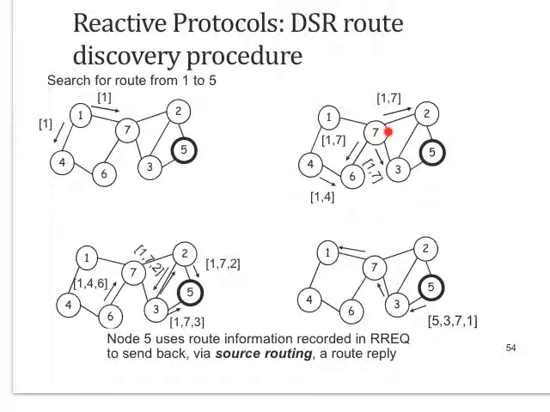The instance that went to 7 will say 1 and 7 to indicate that it passed through 1 and then 7. So this node will receive from here and here, and then this node will forward from 6 and 7. Remember, I went back. And here we'll send another packet to 4.